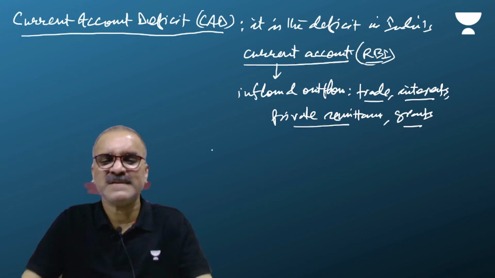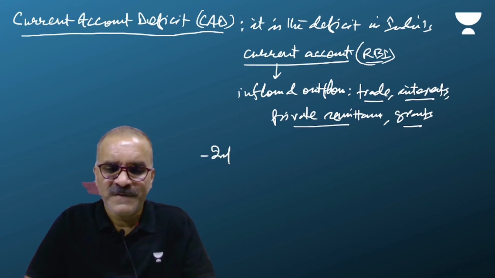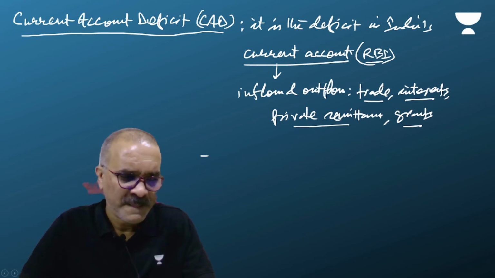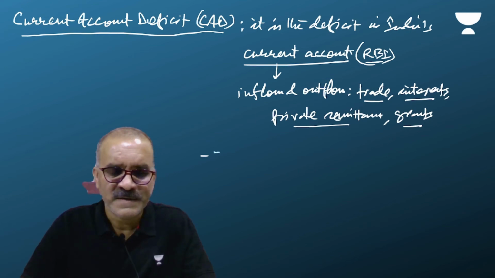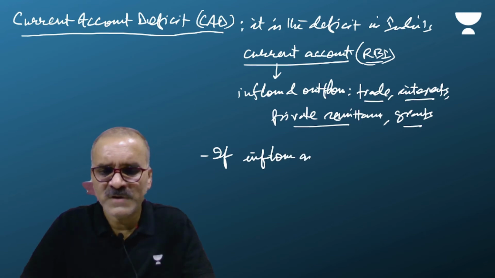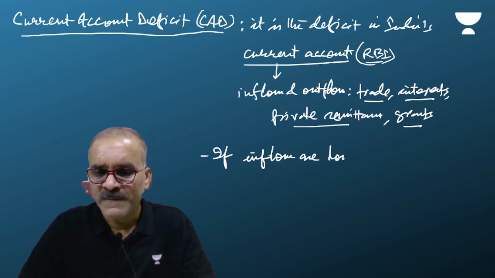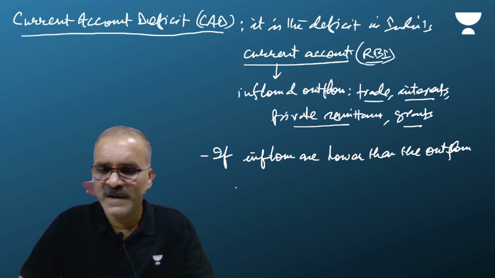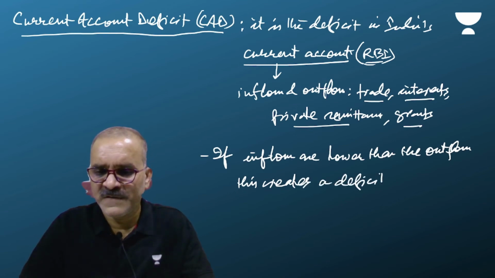But what happens ultimately if inflows are lower than the outflows in a particular year? This creates a deficit.